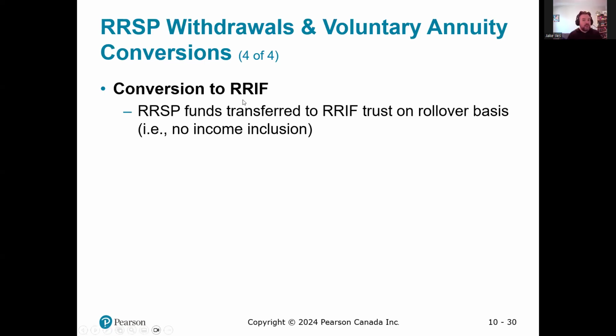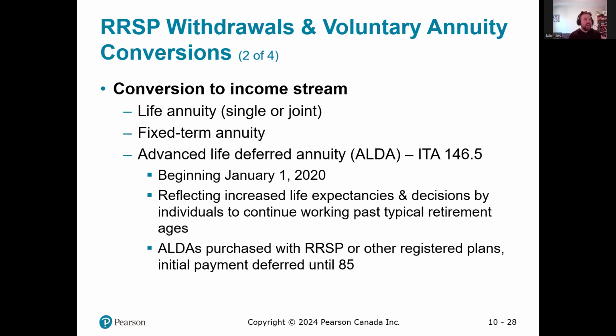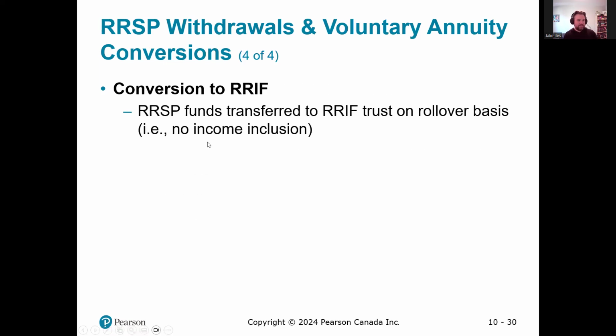If you don't want to have a RIF, you have to either take all of the money out of your RSP before that date, or you can convert your RSP into one of these annuities and you will function off of these rules instead of the RIF amount.